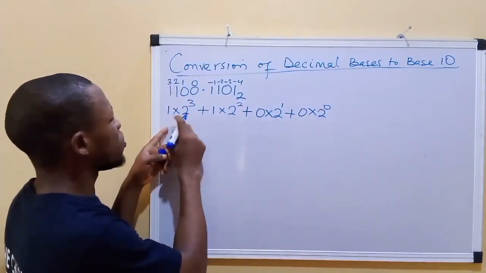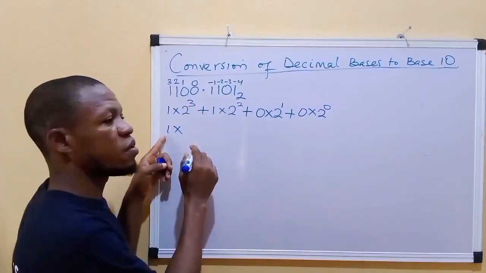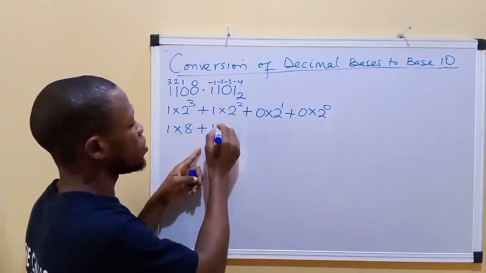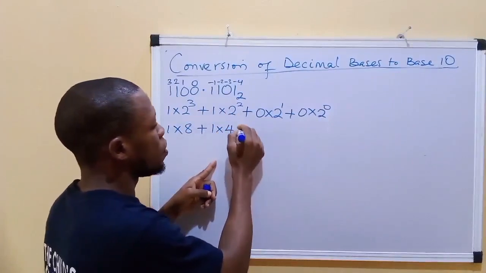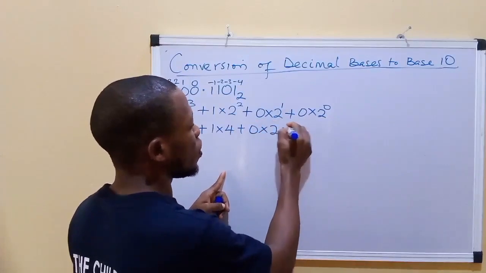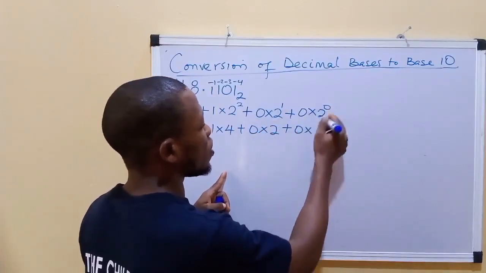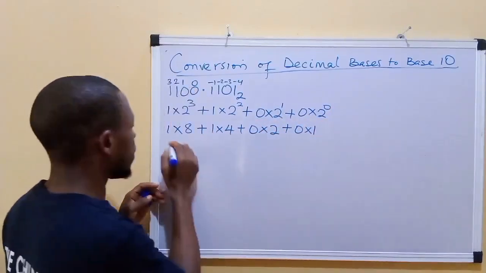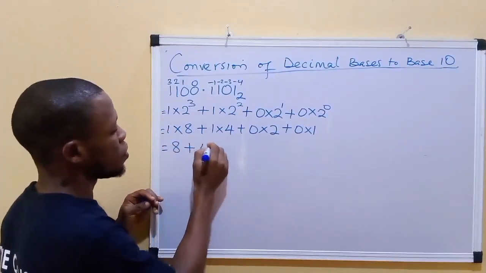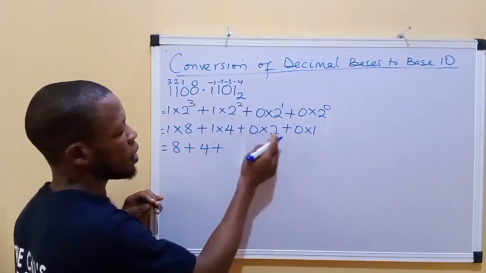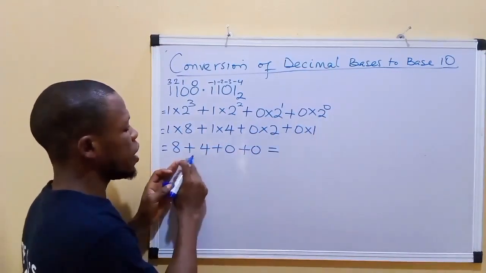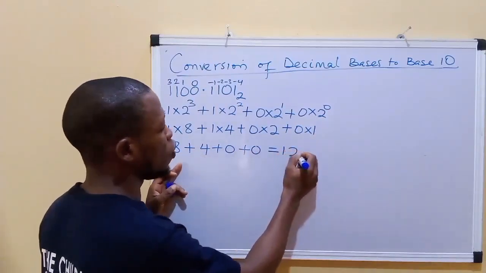Here we have 1 times 2 raised to power 3, that gives us 8. 2 times 2 times 2, plus 1 times 2 raised to power 2, that's 4, plus 0 times 2 raised to power 1, that's 2, plus 0 times 2 raised to power 0, that's 1. Now this gives us 8 plus 4 plus 0 times 2 gives us 0, plus 0 times 1 gives us 0. And that's equal to 8 plus 4 equal to 12.